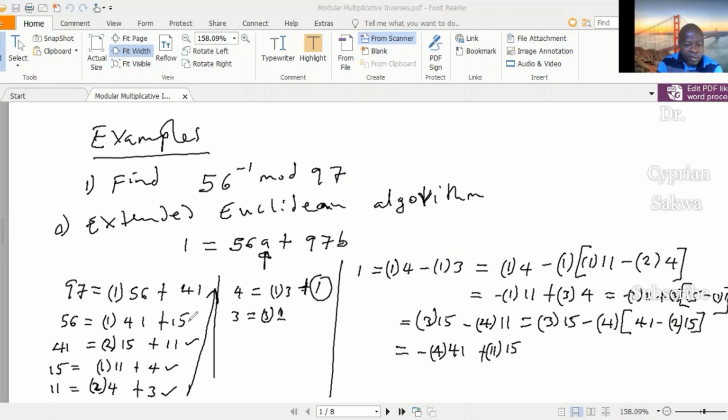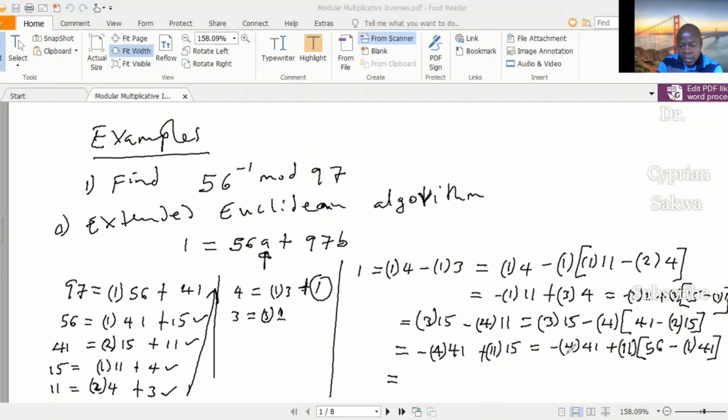Now, what is 15? 15 is 56 minus 1 times 41. So this is negative 4 times 41 plus 11 into, instead of 15 we are writing 56 minus 1 times 41. So let's open this bracket.